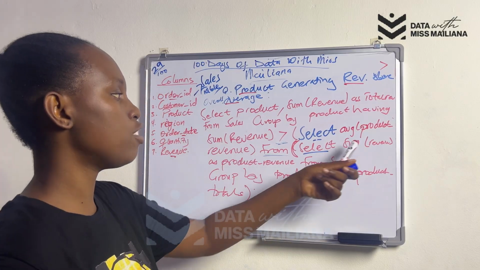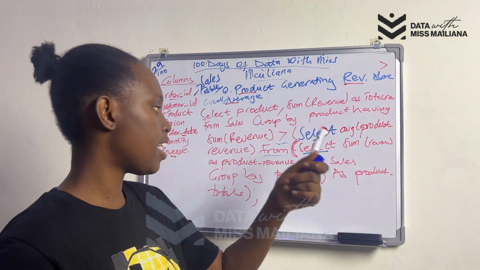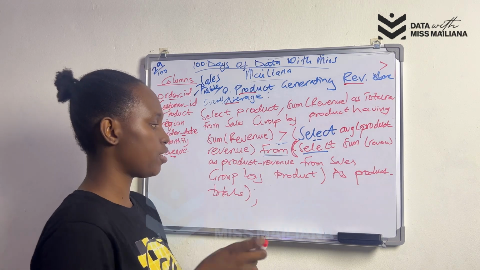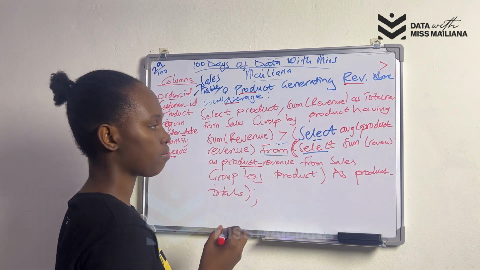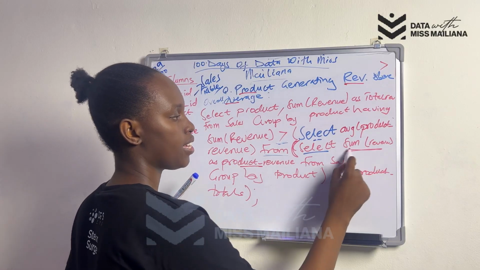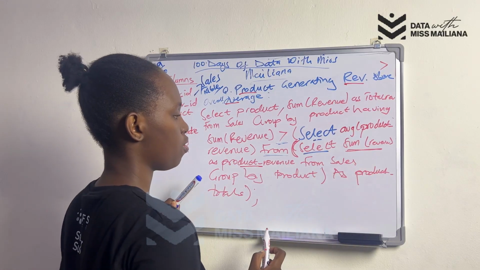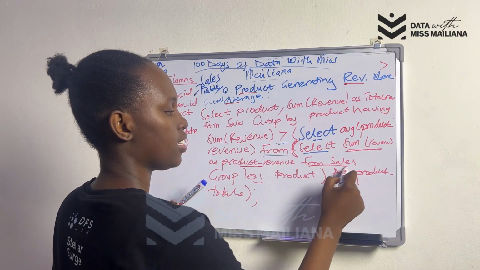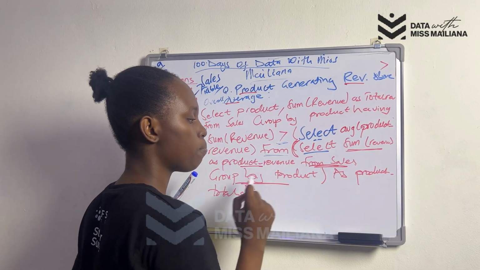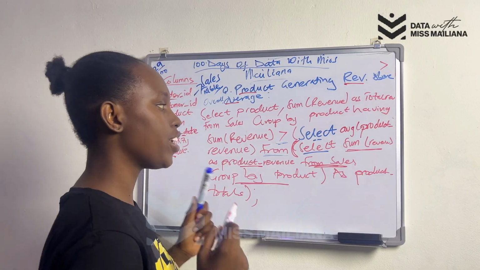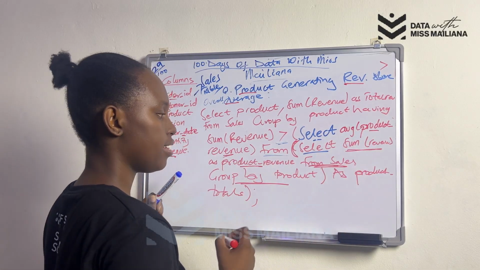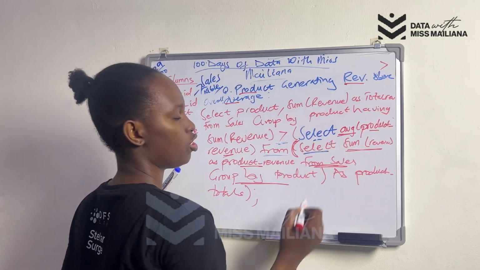So now you've introduced product revenue, and now you're telling SQL that this is how you get the product revenue, right? You sum the revenue from this table, and you group it by the product. That's how you get the product revenue. Then now you can look for the average.